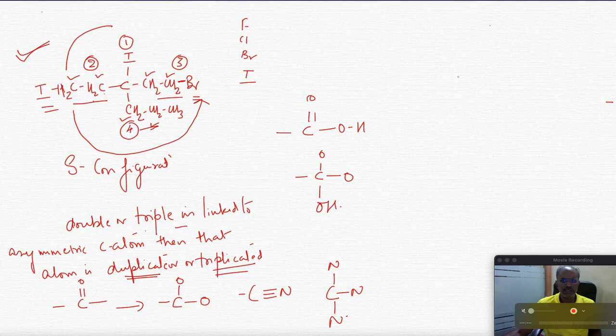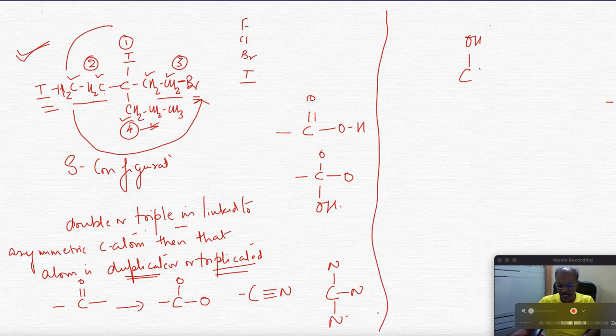Take for instance C is attached to OH. One more example we will see. Now, okay, so these 2 types we have seen. We will see another type. Now what will happen? See, suppose OH is attached.